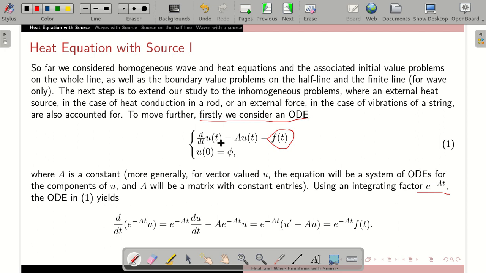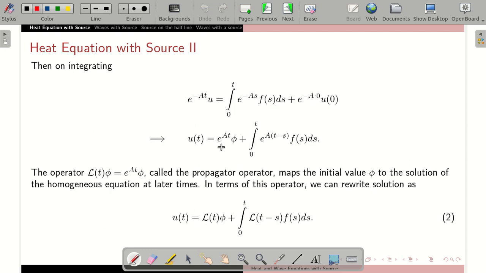So we multiply both sides of the given ODE with e power minus at, and on integrating we get the solution in this form: u(t) equal to e power at phi plus integral 0 to t e power a(t minus s) f(s) ds.